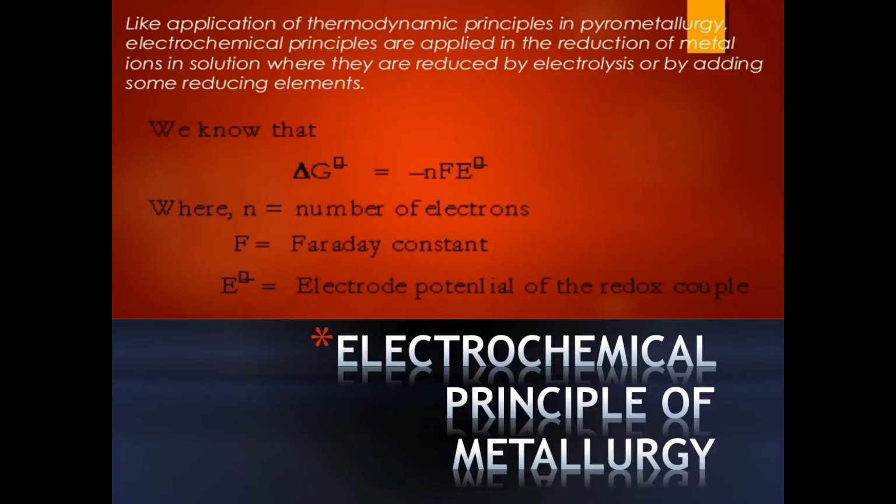Copper goes into the solution in aqueous form because it is the more reactive metal, and silver is the less reactive one. Do you understand? This is the electrochemical principle, the main principle of metallurgy.